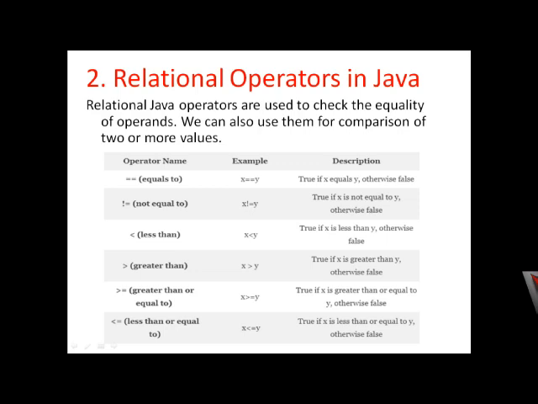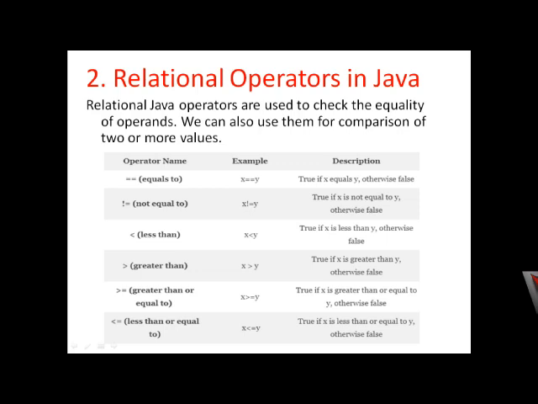Let's look at the next one, relational operators in Java. Relational operators are used to check the equality of two operands, and we can also use them to compare two or more values. So the minimum requirement is two values.